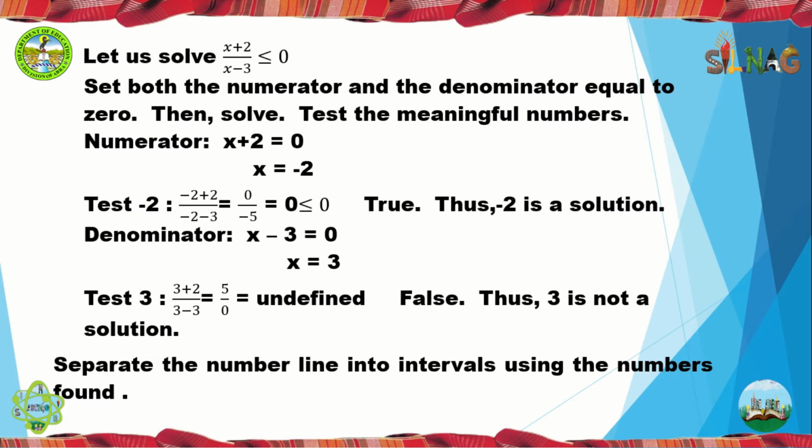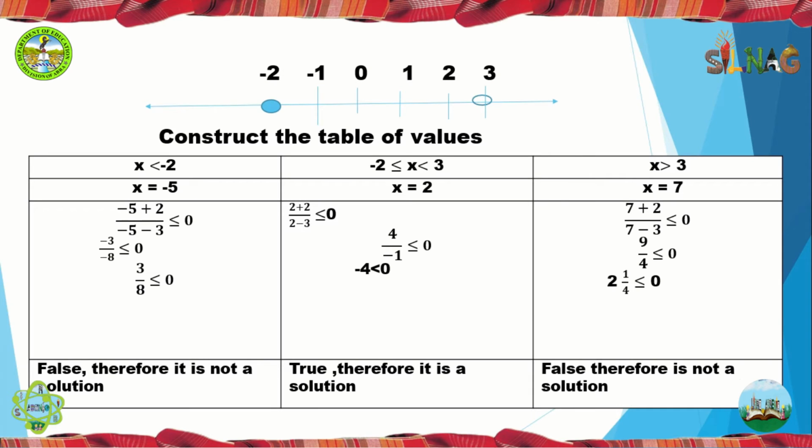We separate the number line into intervals using the numbers found. So we use a shaded circle at negative 2 because negative 2 is a solution of the given inequality. And then we use a hollow circle at 3 because 3 is not a solution of the given inequality.